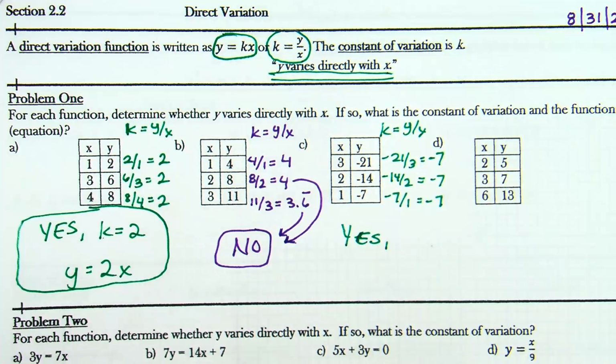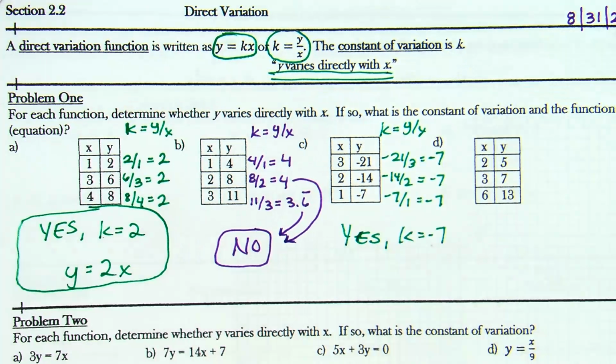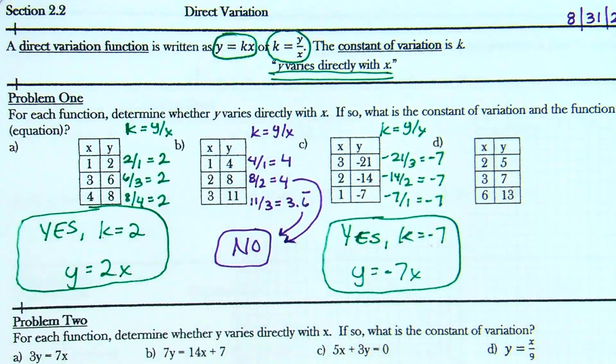What is my equation? Y equals negative 7 times x, because up here it says y equals kx. Getting the hang of it?